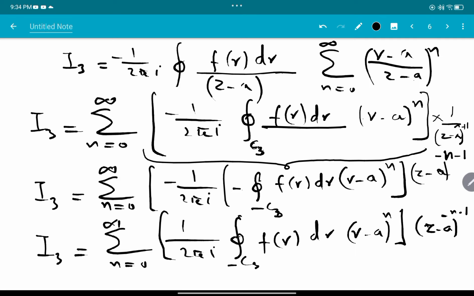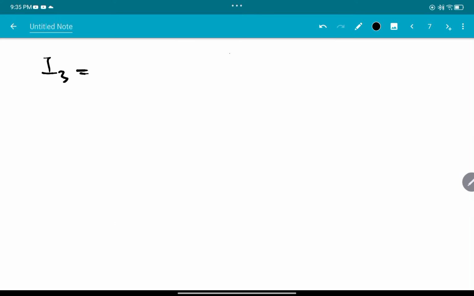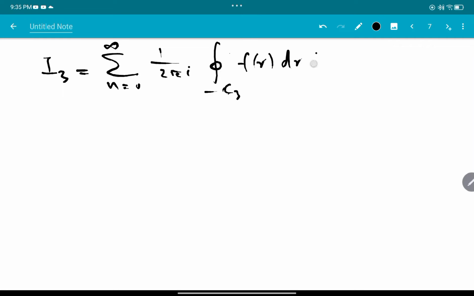Now on this page I3 equals the sum from n equal to 0 to infinity of 1 by 2 pi i, the integral over minus C3 of f of gamma d gamma into gamma minus a, the whole raised to n.